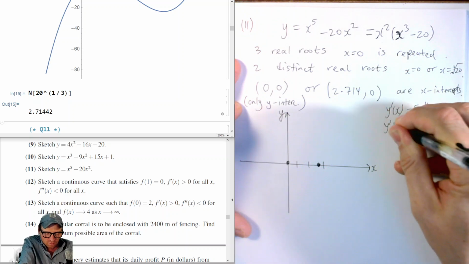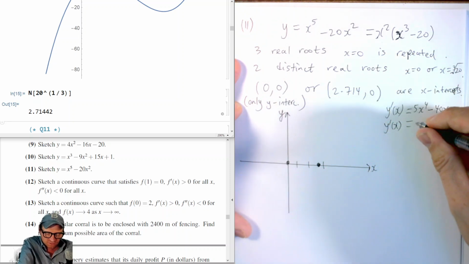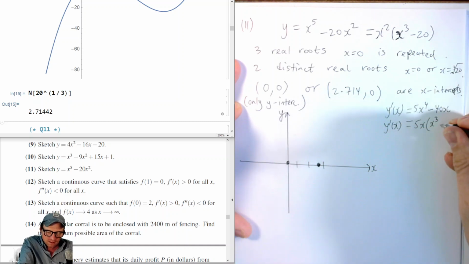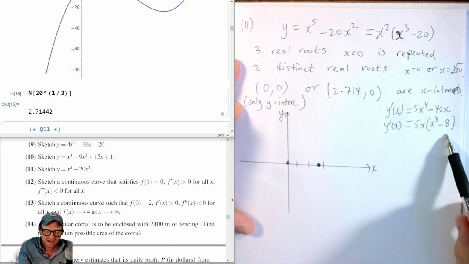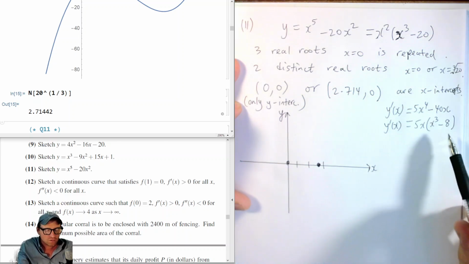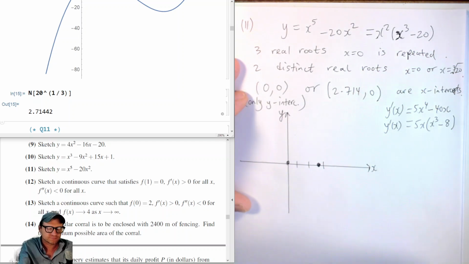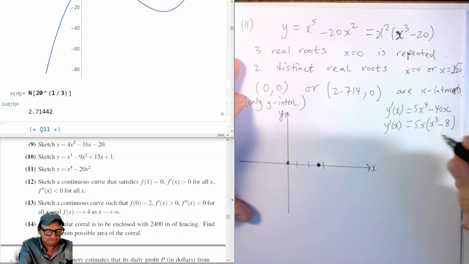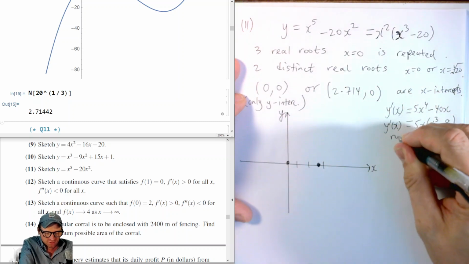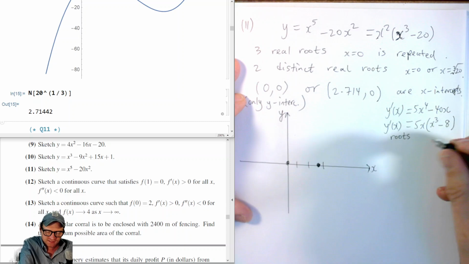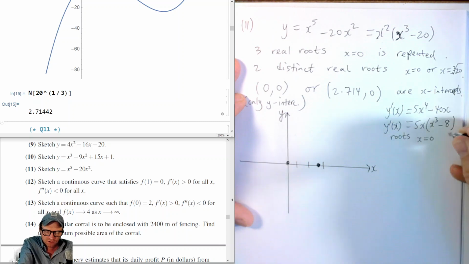So y dash of x is equal to 5x outside of x cubed minus 8. Okay, and we can see that this has 1 real root, the one unique real root 2. So the roots of this are x equals 0 and x equals 2, the real cube root of 8.